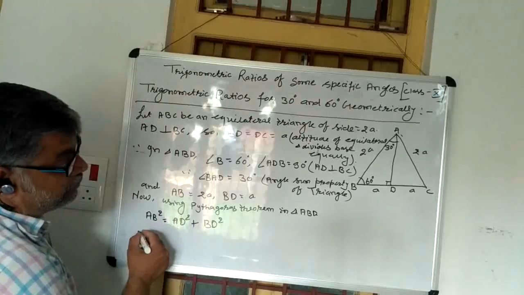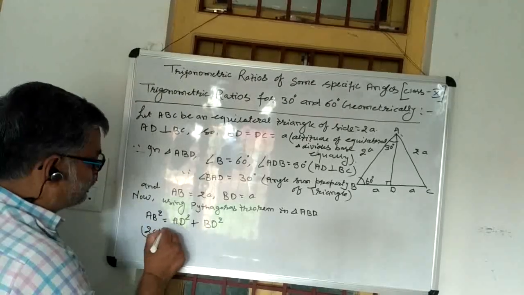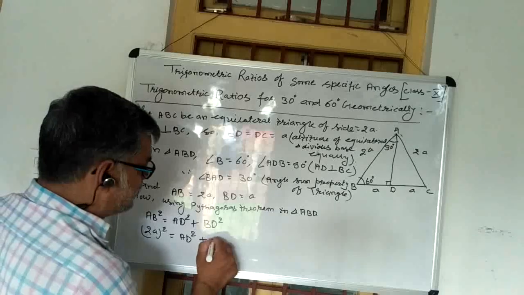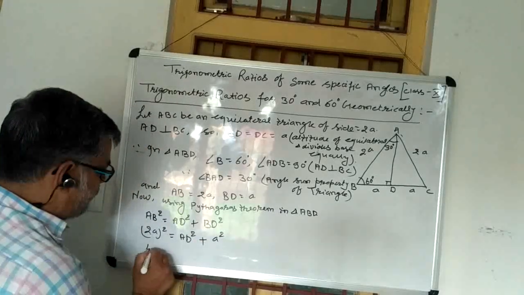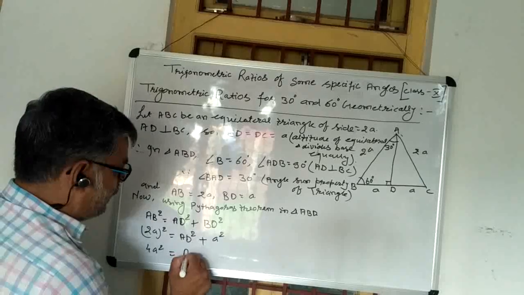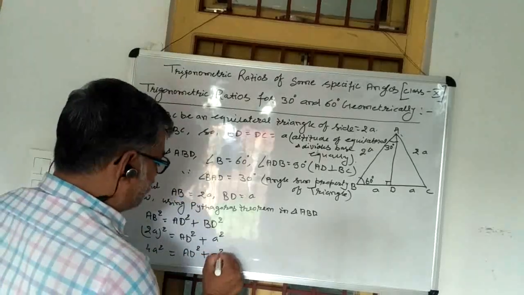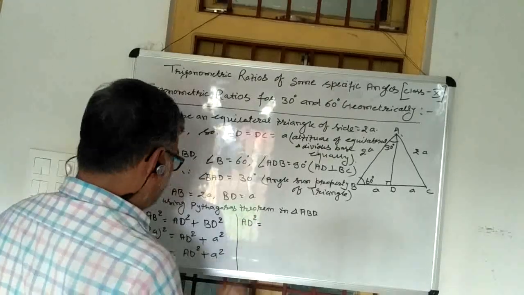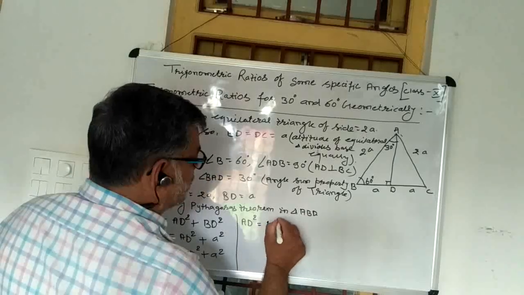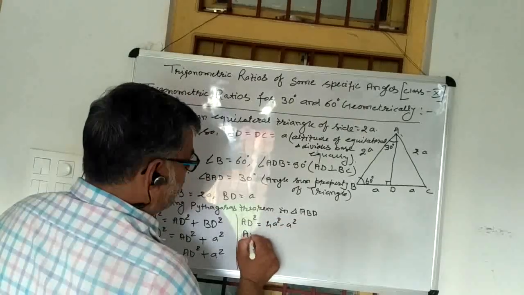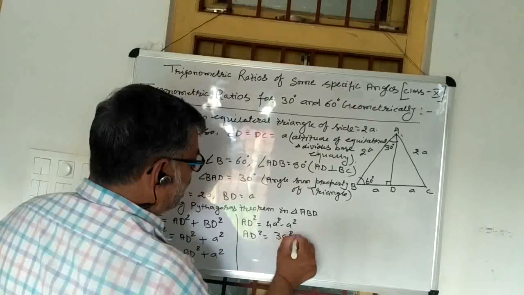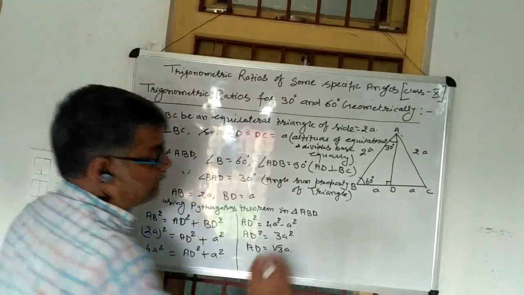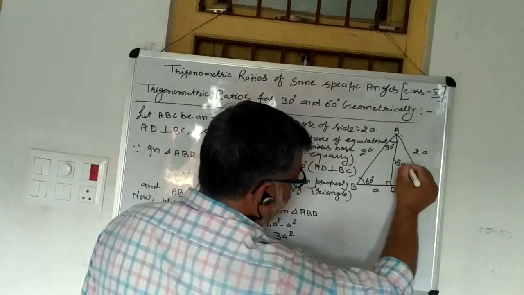AB is 2a, whole square, equals AD, which is not known, AD square plus BD, which is a, square. So we have 4a square equals AD square plus a square. Similarly, we have AD square equals 4a square minus a square. So AD square equals 3a square. So AD equals root 3 a. Thus we got the value of AD, that is root 3 a.